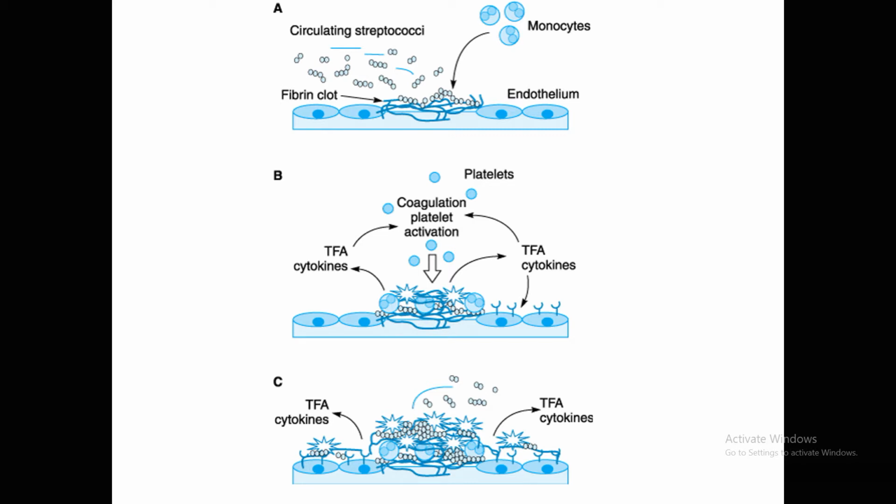The pressure gradient will generate a high velocity jet stream and create a turbulent blood flow able to damage the endothelium.